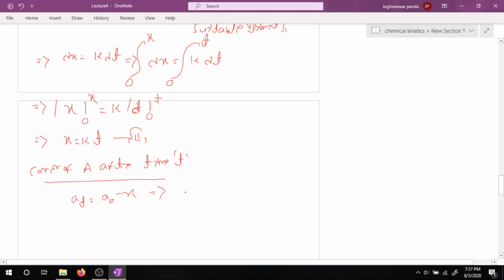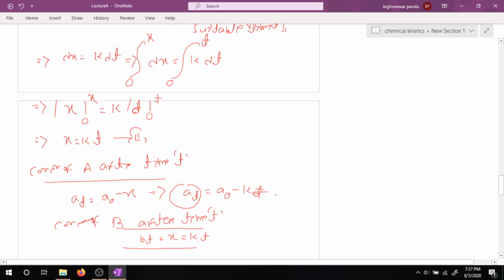So I can put At is equal to A naught minus Kt. This is At, the concentration left after time t. And similarly, the concentration of B after time t, we have Bt is equal to x, and that will be equal to Kt. Consider this is equation 3 and this is equation 4.